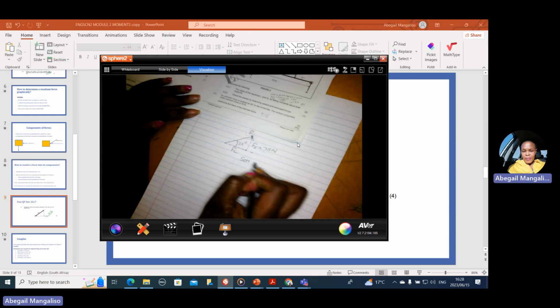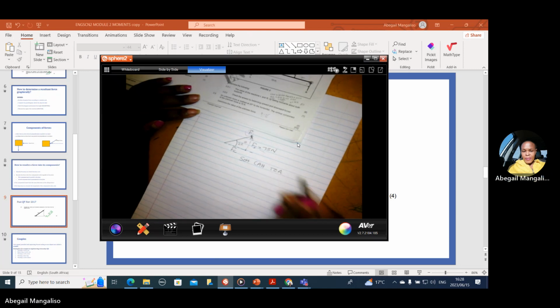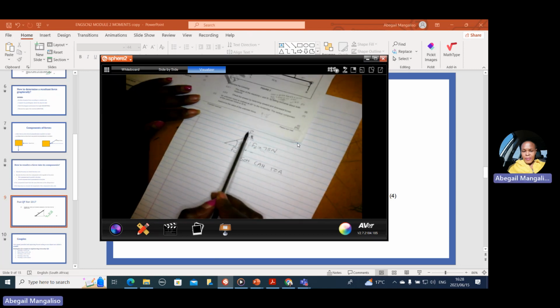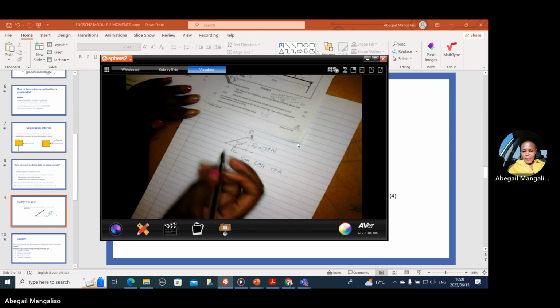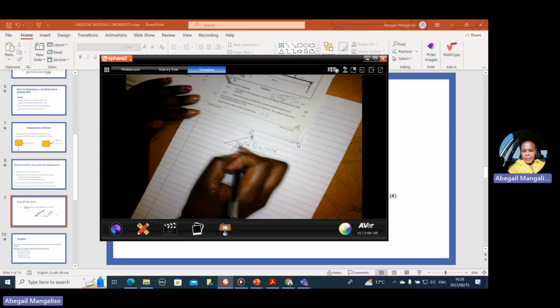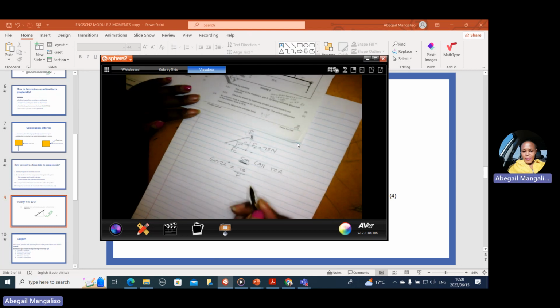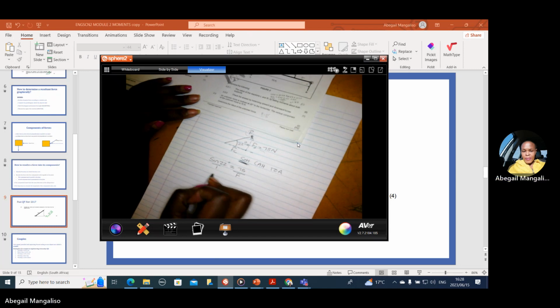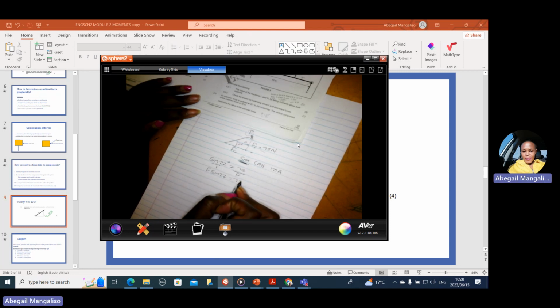Now the question says, determine the value of the unknown force. We use SOH CAH TOA. Whatever ratio you're going to use, it has to include this side and this side. So this is opposite over hypotenuse, which is sine. So you say sine of 22 degrees is equal to the opposite side, 75, over the hypotenuse, F. You cross multiply, so F sine of 22 will be equal to 75.